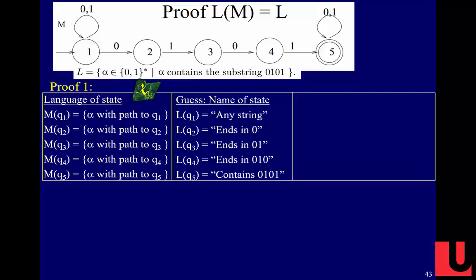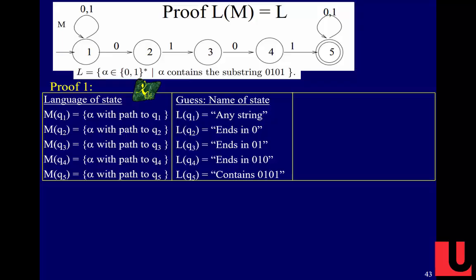Yes, because each string can't be in the set for more than one state, because each string arrives at only one state. For each string, which set is it in? It's in the set associated with the state at which it arrives. And so those are disjoint.